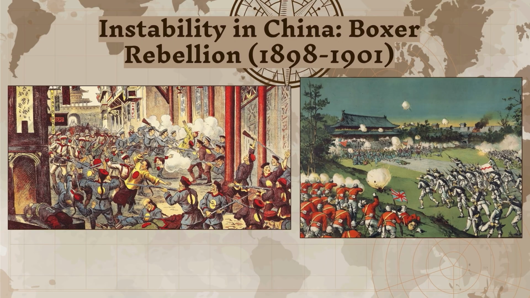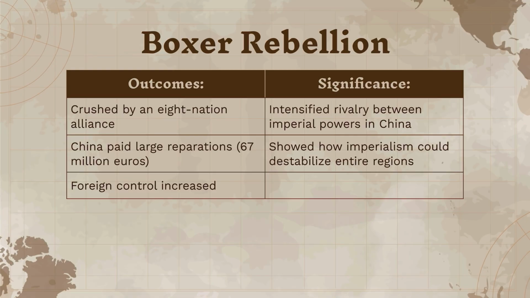Next was the Boxer Rebellion, which was a nationalist movement aiming at removing foreign influence from China. It was supported by the Chinese government, and it resulted in it being crushed by an 8-nation alliance, which were Japan, Russia, Britain, France, the United States, Germany, Italy, and Austria-Hungary.